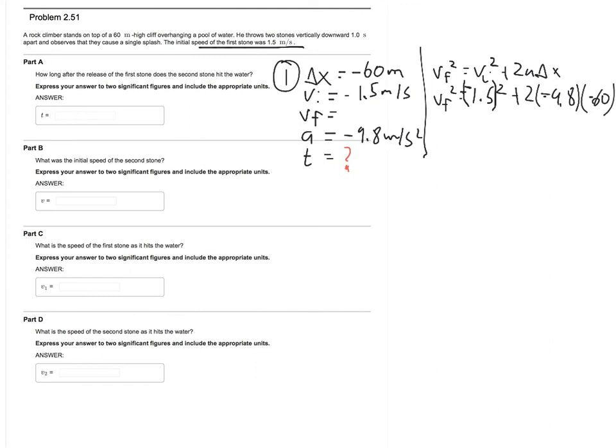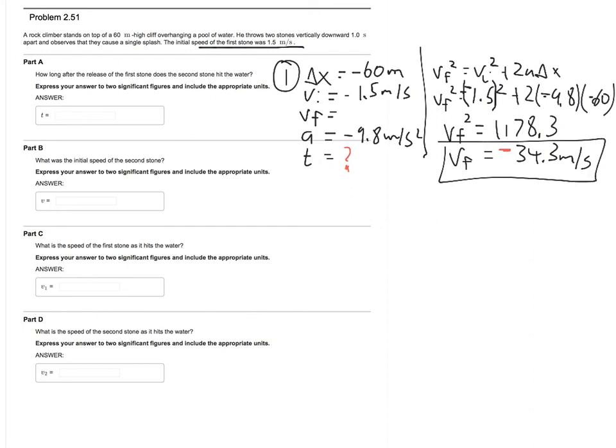So I end up getting that VF squared is equal to 1178.3. So then my final velocity is going to be 34.3 meters per second. Once again, we need to do our sign check here and think about the fact that that velocity is going to be negative because it's going down. Once I have that final velocity, I can now solve for my time.